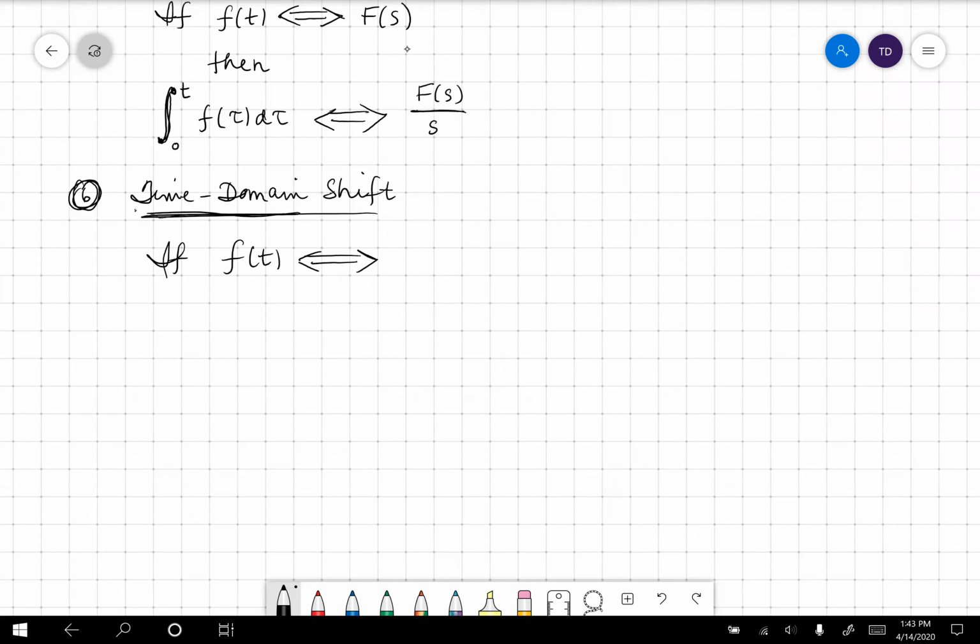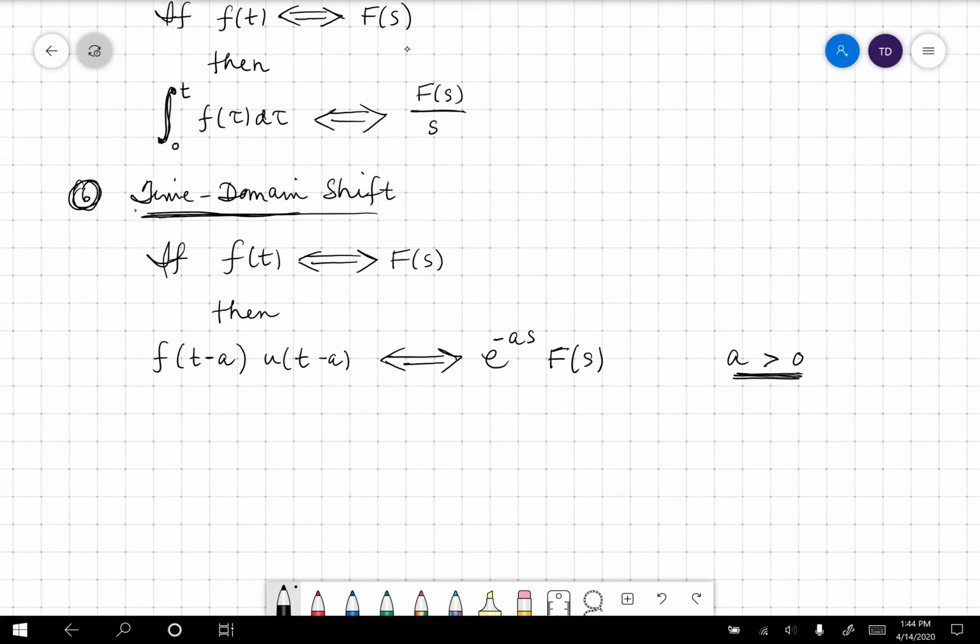If f of t Laplace transforms into F of s, then f of t minus a, u of t minus a, Laplace transforms into e to the minus as, like we saw with the shifted impulse function, times F of s, provided a is greater than 0. Same reason we talked about before. We've got to make sure that we're shifting into the area that we're taking the integral of.